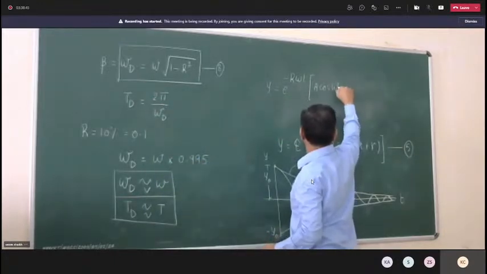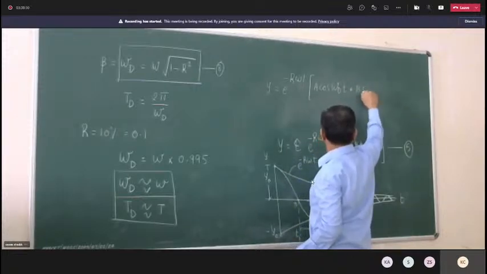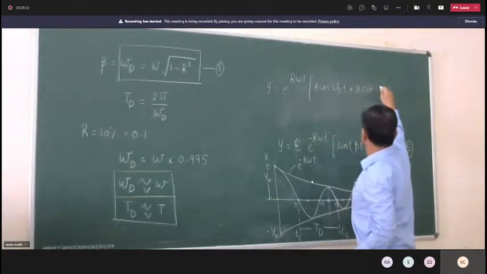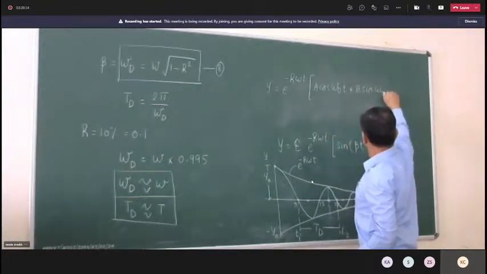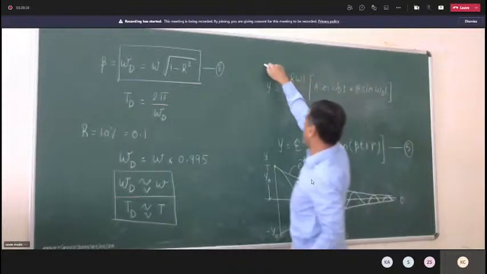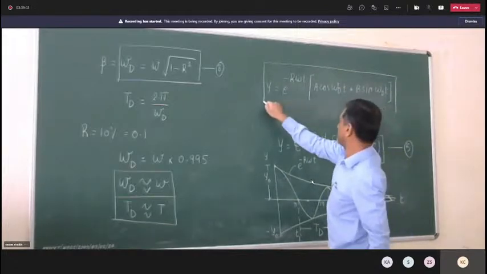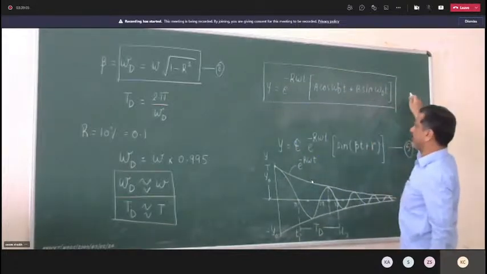So, y = e^(-r omega t) (A cos omega_d t + B sin omega_d t). Very, very useful equation, the solution of the differential equation.